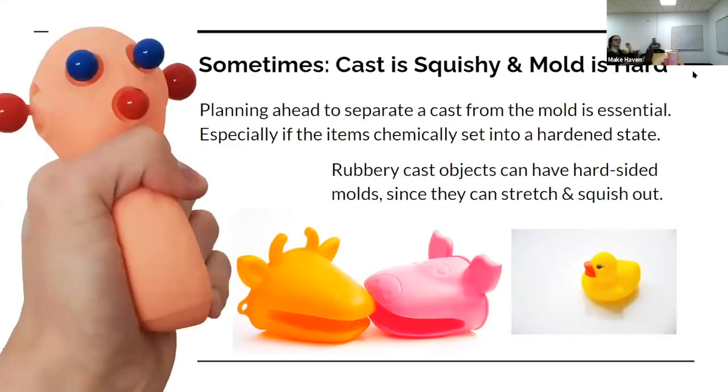Sometimes the casting that's coming out is squishy, so the molds can be rigid. And I actually have an example. These are castings of the same thing that I did for a project where I had to make copies of these little bodies over and over again. One of them is made of plaster, so it's rigid, and the other is made of rubber, so it is soft.